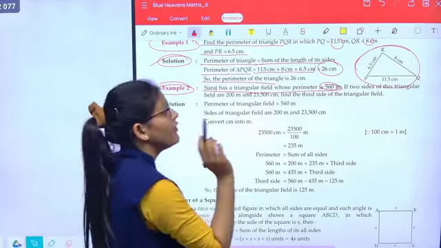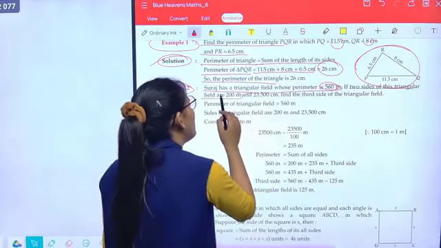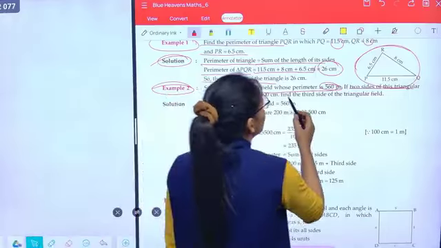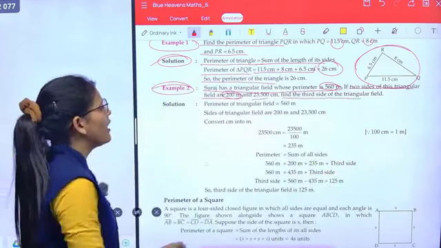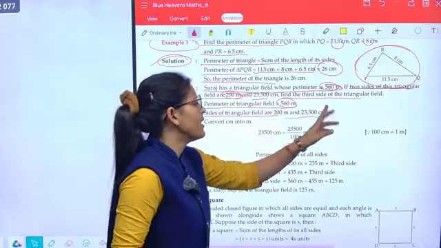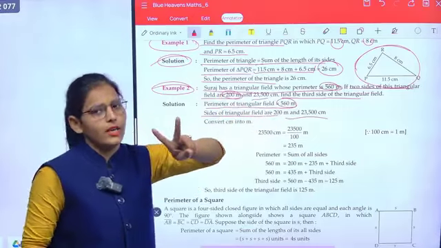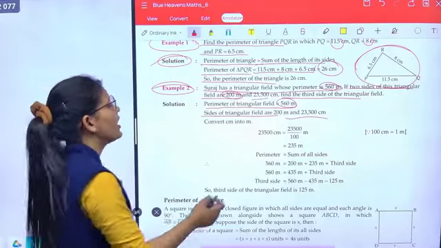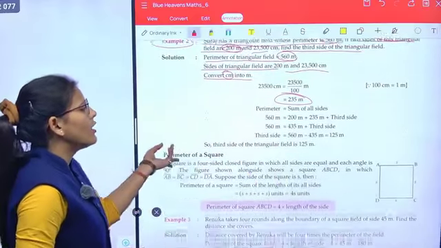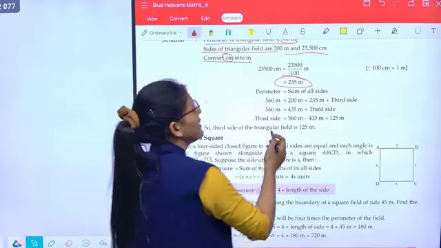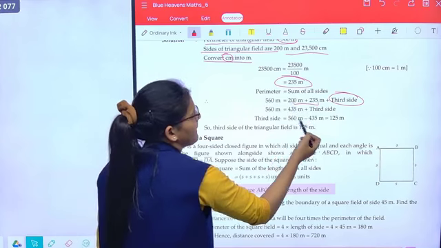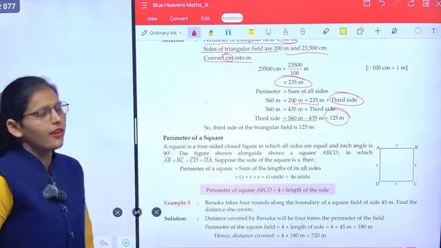If two sides of this triangular field are 200 meter and 23,500 centimeter, find the third side of the triangular field. Now class, we have the perimeter and two sides, and we have to find the third side. Now convert centimeter into meter, that is 235 meter. We know the perimeter is the sum of all sides, so we will add the two sides, keep the third side as it is, and then subtract. So the third side is 125 meter.